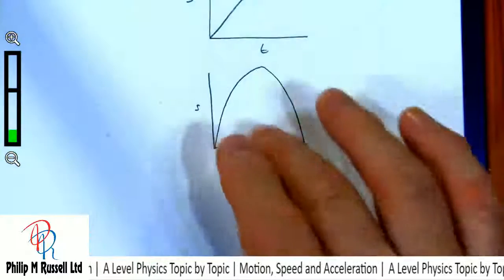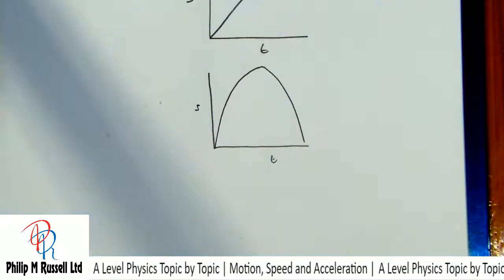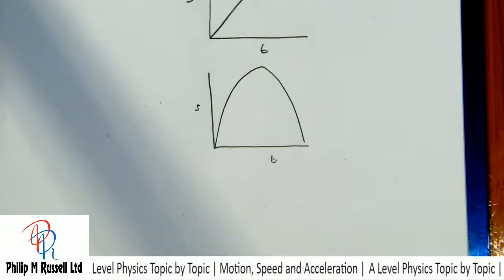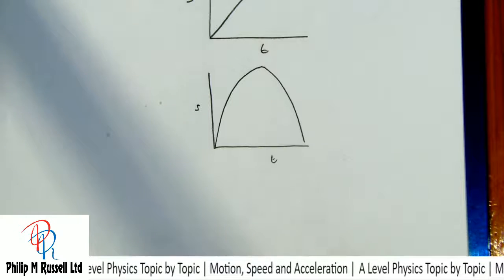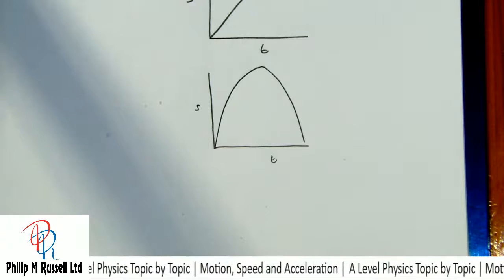And I don't like dropping the cart too much. It's fairly indestructible, but I don't want to push my luck too much. So getting a graph looking like this one is a bit more difficult to achieve, because here we're going to need different equipment to try and do it.